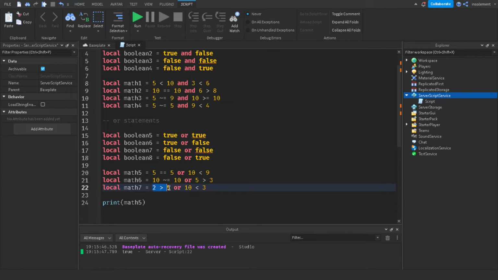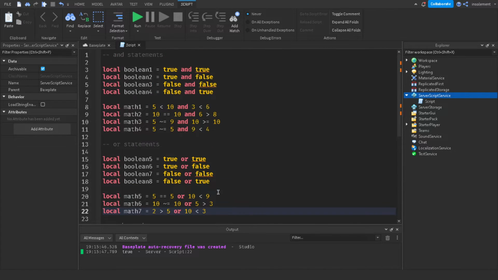Alright, so 2 is not greater than 5. So this would be false. And 10 is not less than 3. This would also be false, right? So we have no truths in either expression, meaning this entire statement is false, right?